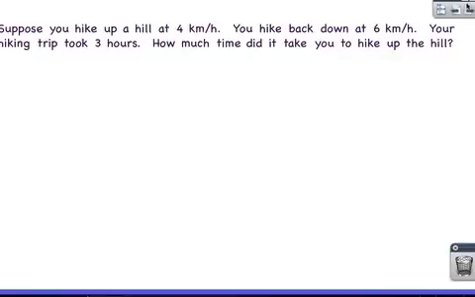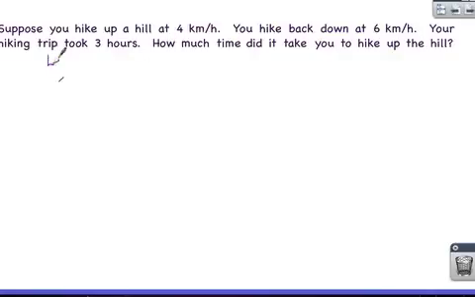Well, in this case, it's another round trip travel, because the distance up the hill is the same as the distance down the hill. What we don't know is how much time it took to get up the hill.